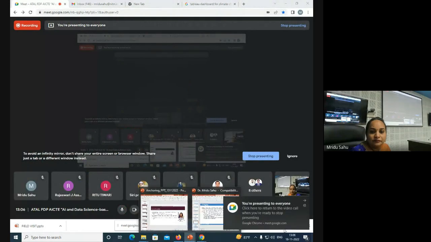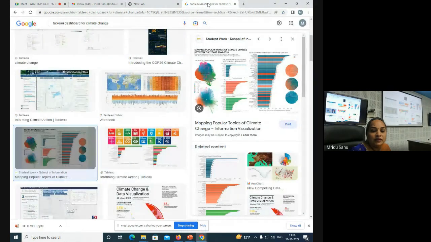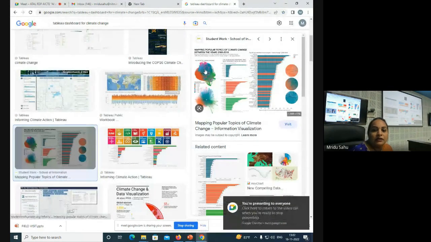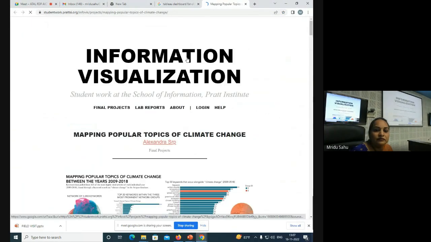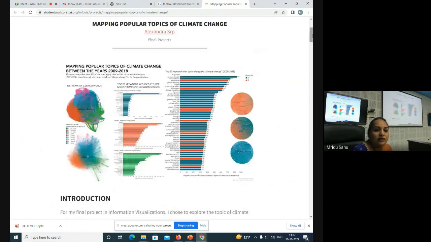Yes. This is an example of Tableau. This is useful for information visualization and mapping of the popular topic of climate change between 2009 and 2018. It means all the changes of the climate from 2009 to 18 are mapped in one frame.